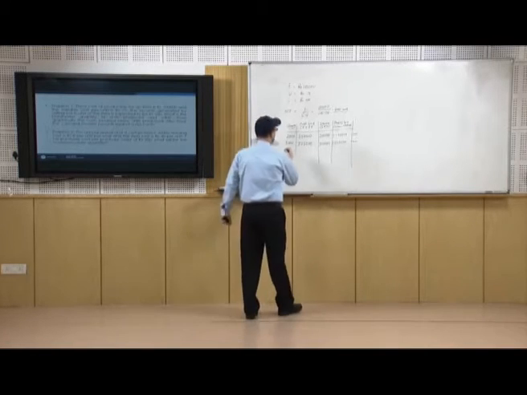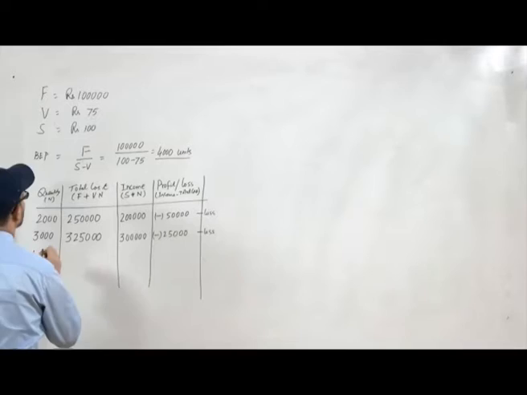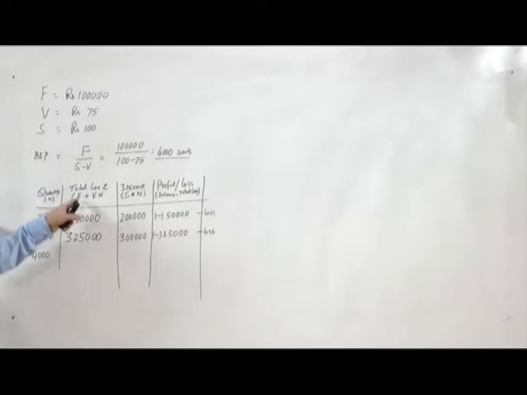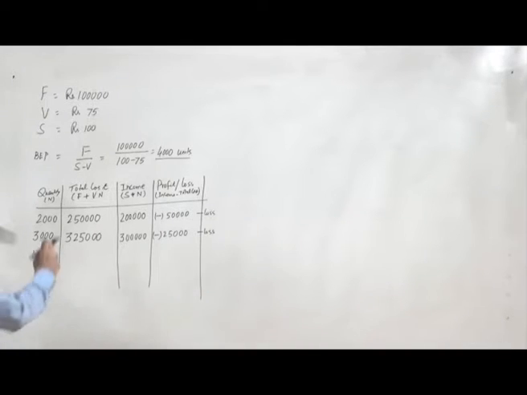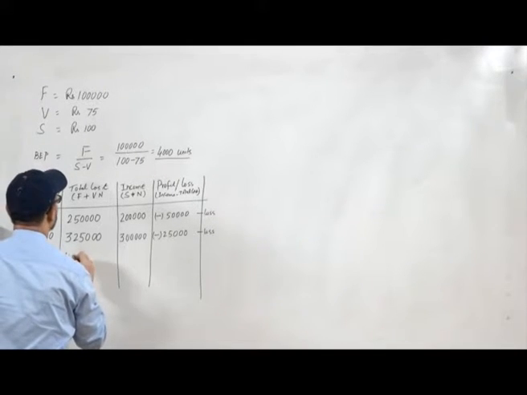If we go to 4,000, total cost will be F plus VN, 1 lakh plus 75 multiplied by 4,000. So, 1 lakh plus 3 lakh, that is 4 lakhs.